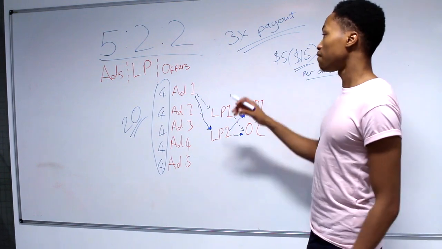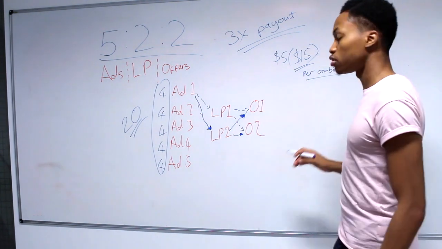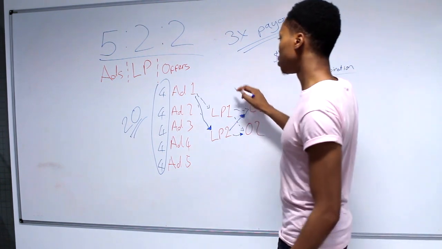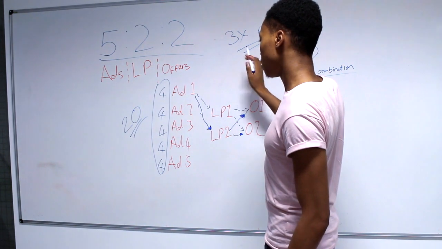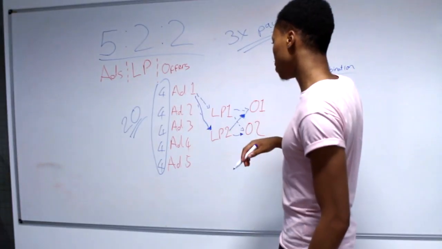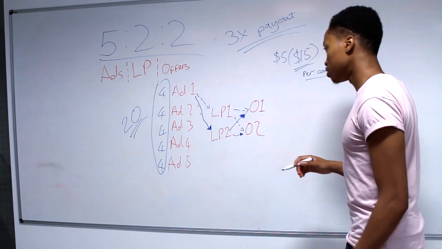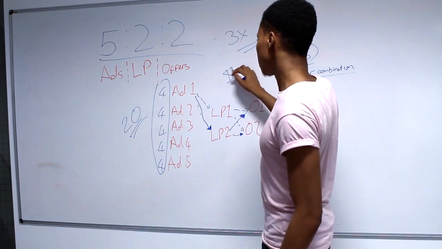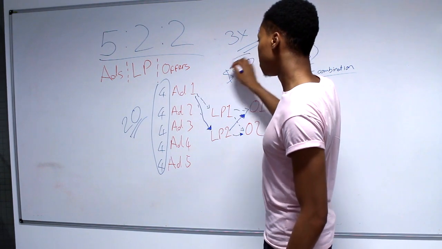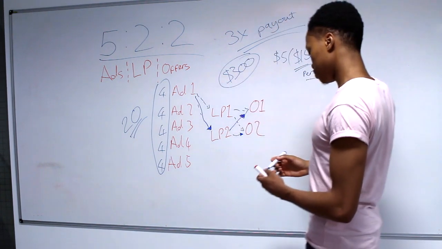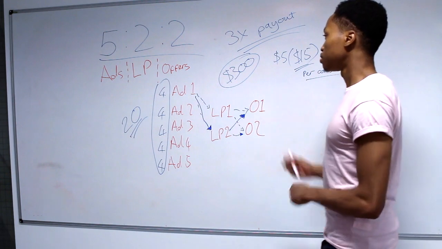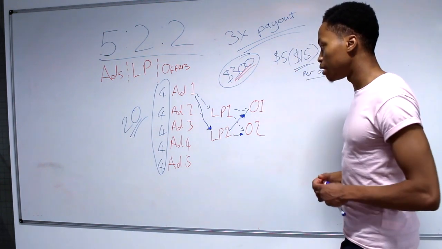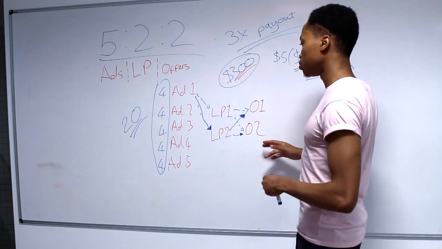That means just to test a $5 payout offer, like a lead generation offer, we're essentially going to have to spend $350. Is my math correct? Let me just see. Nah, I'm talking rubbish. You're going to have to spend $300, okay, just to be able to test one campaign, with 5 ads, 2 landing pages, 2 offers.